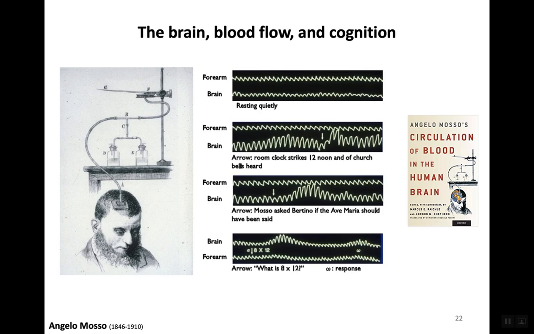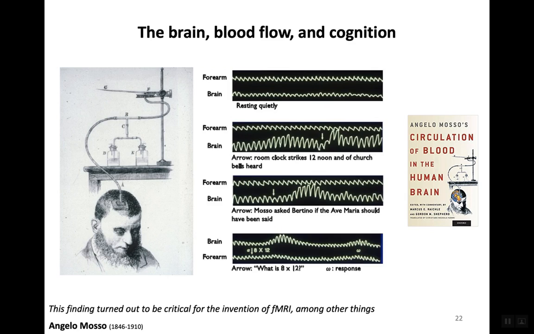And about 100 years later, this was critical for the invention of functional magnetic resonance imaging, one of the dominant methods for neuroimaging nowadays, which relies on tracking cognitive processes through changes in blood flow activity in different parts of the brain.